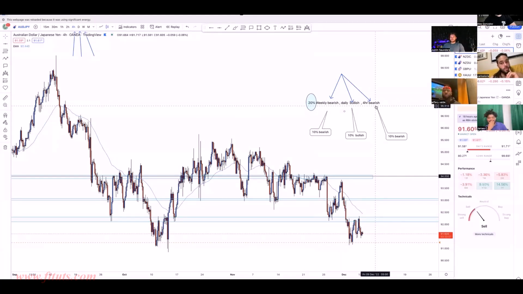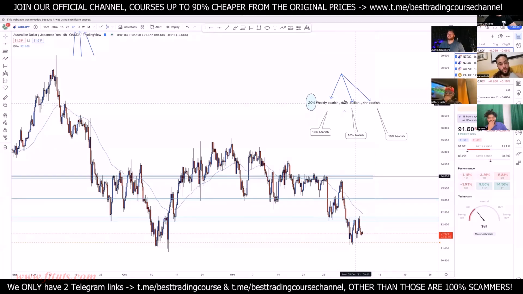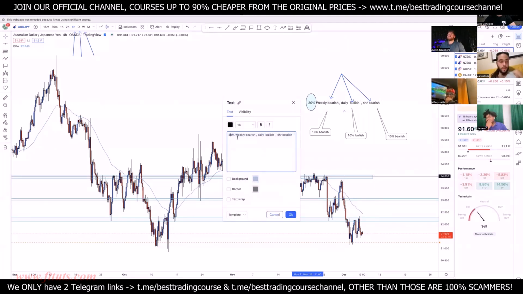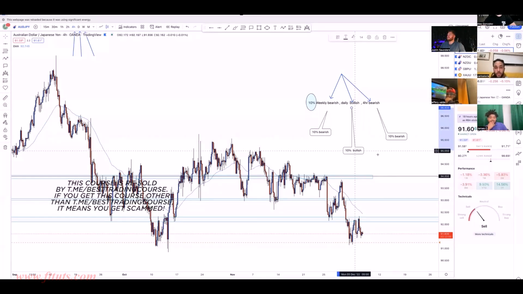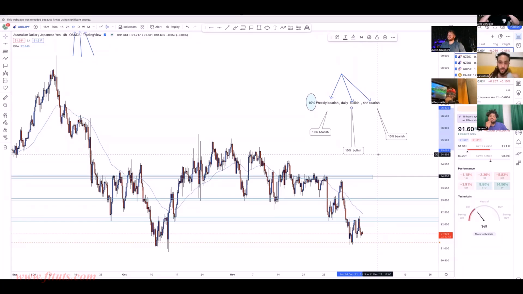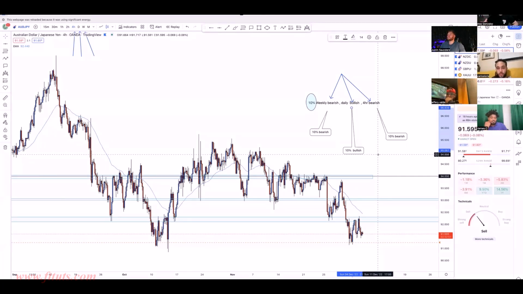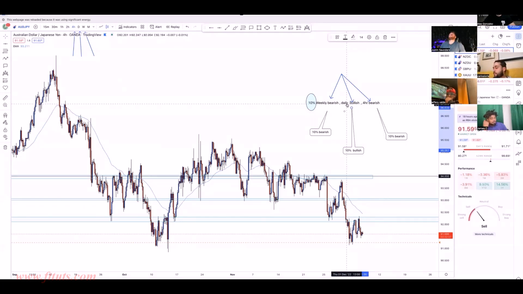The ideal thing would be to sell. And if you're looking to buy, you only have about 10% towards your grade because this is the only time frame bullish. So this is where you sit down and ask yourself, should I buy or should I sell? The most logical thing is to sell, I'd assume, right? Because you have more time frames in sync. So this is the first foundation of your trading plan.